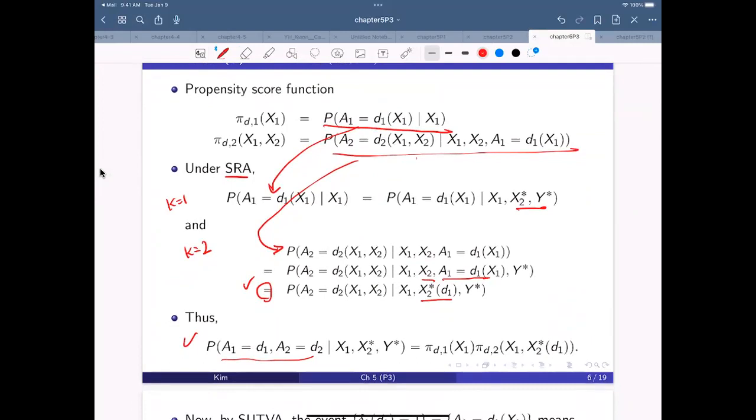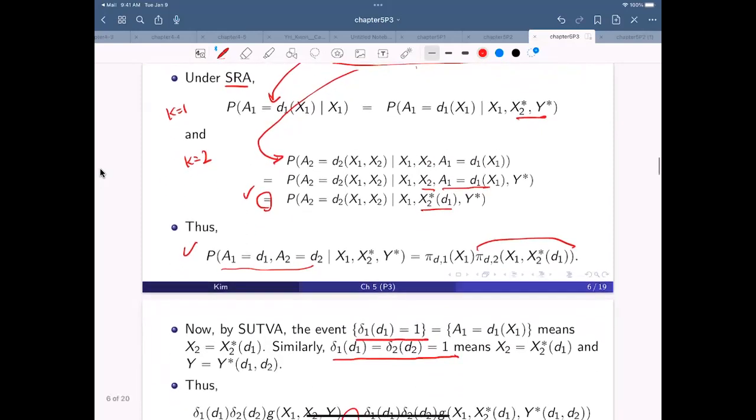One way is using the potential outcome: given the potential outcome, you can define A. Another way is, given the history, observe the history, you define the A. So this is actually the same. So this expression means the probability that A2 is D2, given X1 and X2 star D1.